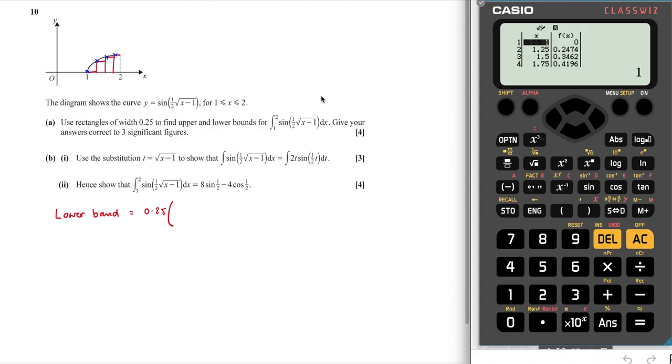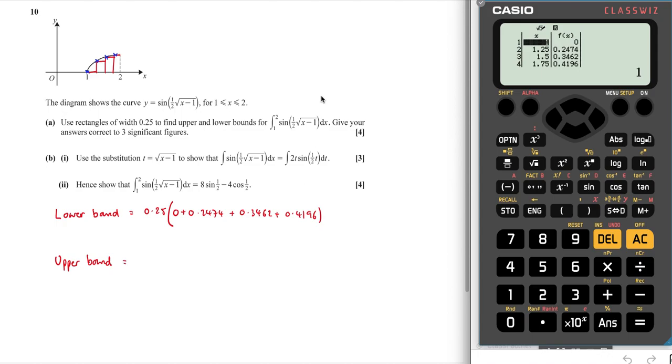So I've got 0 plus 0.2474 plus 0.3462 plus 0.4196. I'm going to calculate that in a minute. I'm going to do the upper bound calculation first, so I've got the numbers to hand.